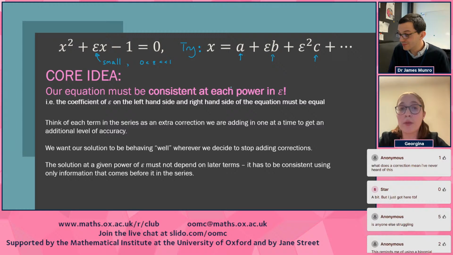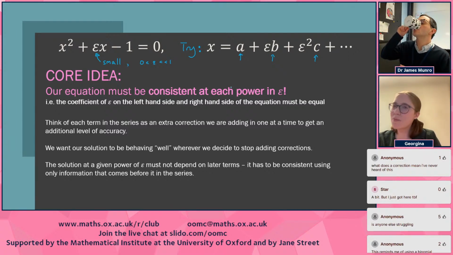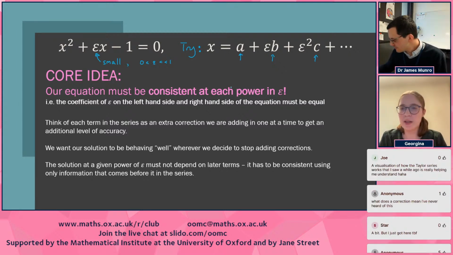Another way you can think about it that might help in a second is that we're going to be matching orders of epsilon. One comment I realized I made, if people were following along, which is fine if you weren't, was that we'll solve each thing equal to 0. That might have been a bit confusing.